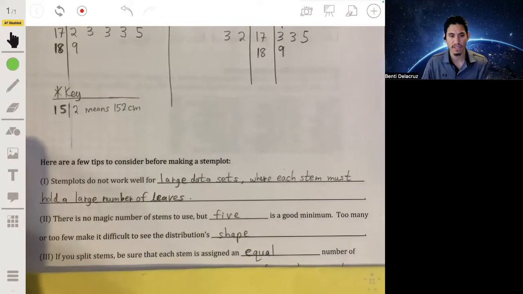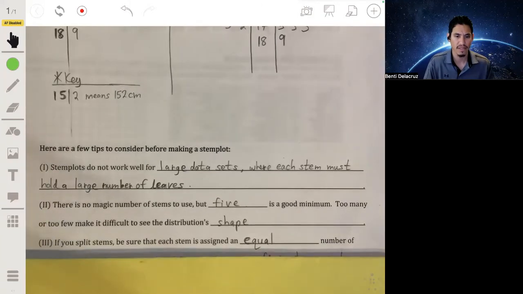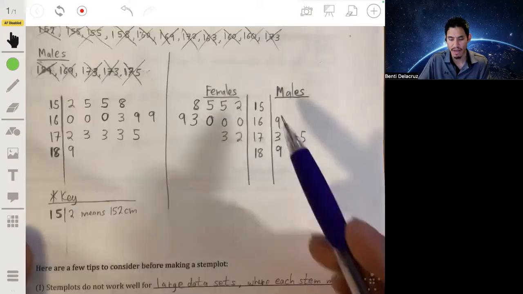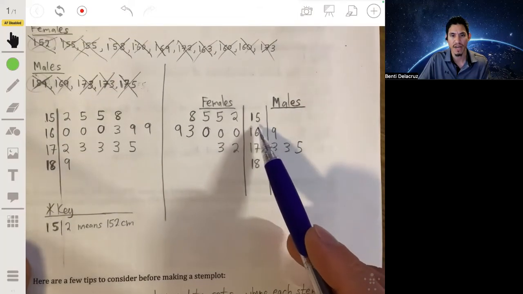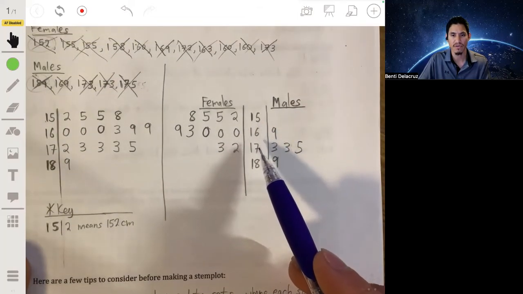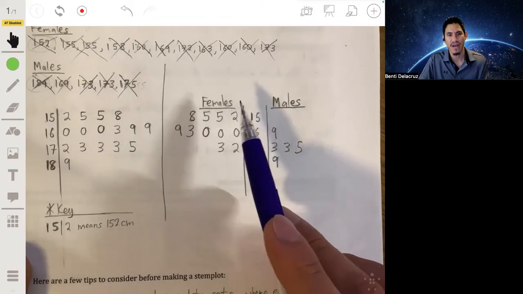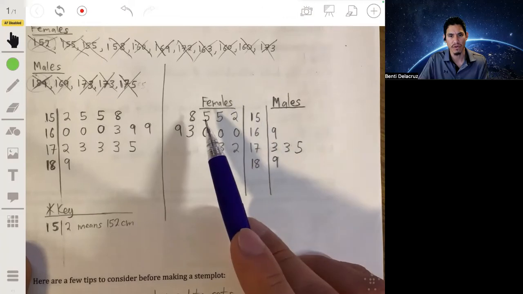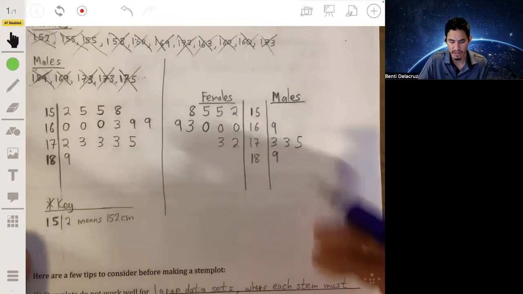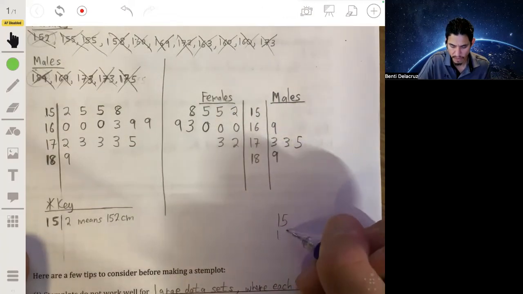Now, if you want to split stems, I'm going to do an example later on. So you can split a stem so that you could have 15, 15, 16, 16, and so forth. Let me actually just show you what I mean.